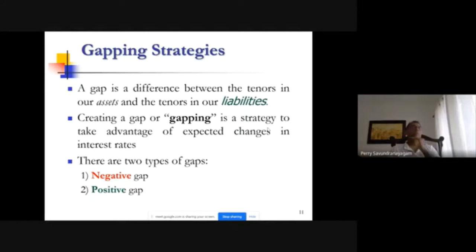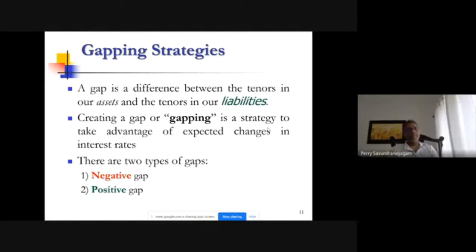Or you don't take your assets out to 5 years; you keep your asset average up to 3 years, where you feel that if interest rates start to pick up, that will get repriced at that point at the higher interest rate.